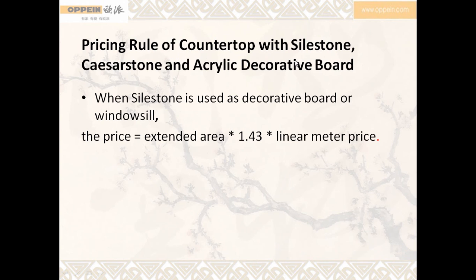Pricing rule of countertop with silestone, kisastone, and acrylic decorative board. When silestone is used as decorative board or windowsill, the price equals to extended area multiply 1.43 multiply linear meter price.